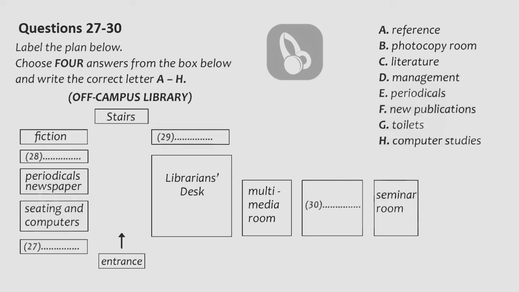Now turn to Part 4. Part 4. You will hear a talk on the history of football in Great Britain in the 19th century. First, you have some time to look at questions 31 to 40.